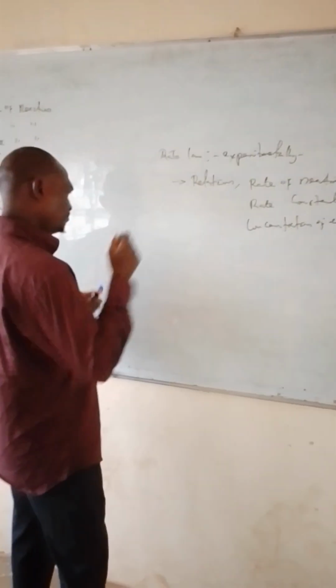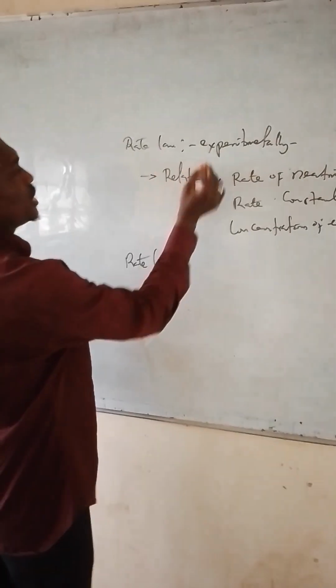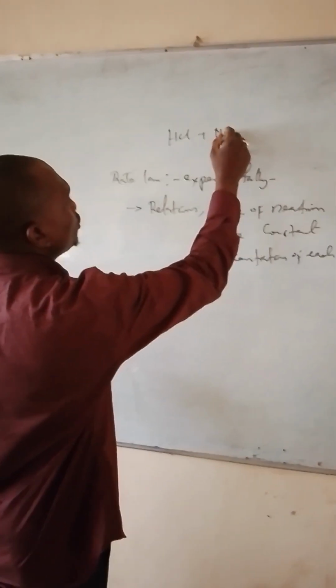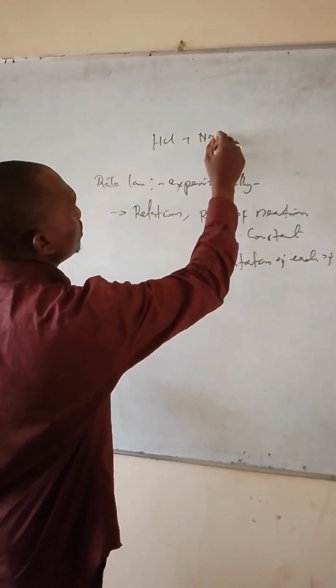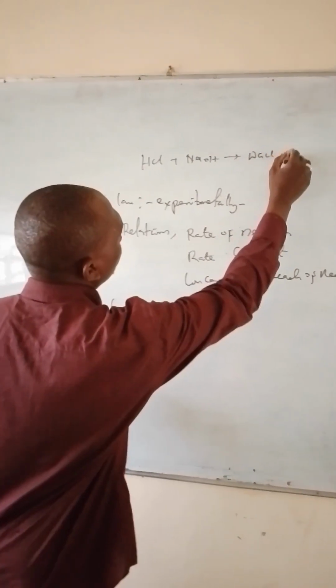Mathematically, rate law can be written for a situation where we have HCl plus sodium hydroxide giving sodium chloride plus water.